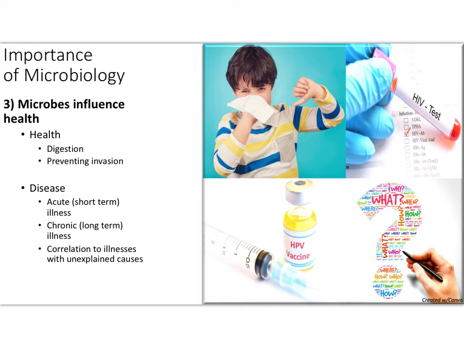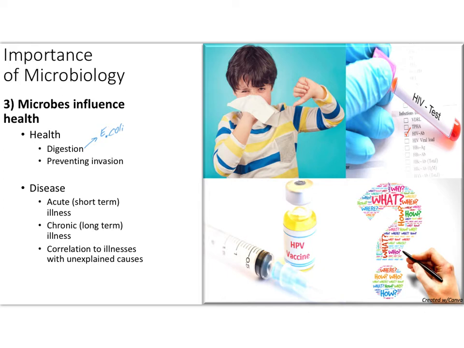Furthermore, we do have some examples of microbes actually creating nutrients for us. You guys have probably heard of E. coli before, so I'm going to write that out, just abbreviate it. It has a much longer name, but I'm just using its short name. Most of the time you hear about it in the context of people getting sick.